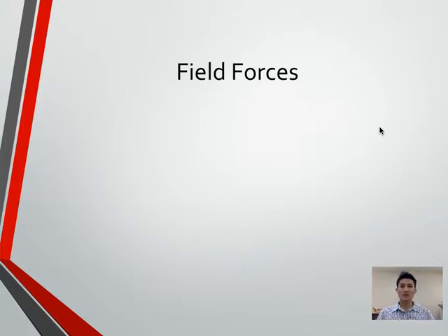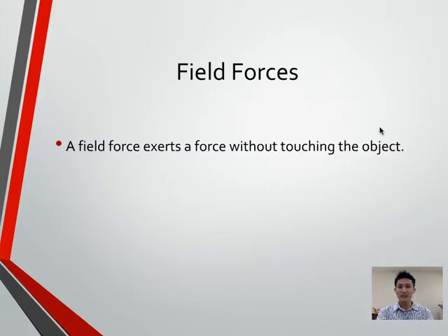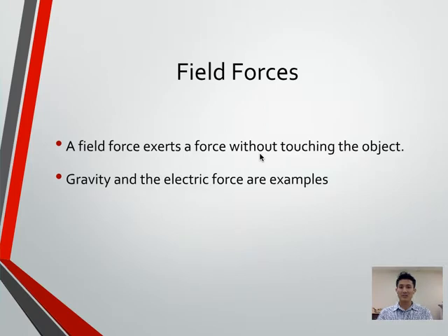So gravity is a field force, exerting its force on this area. A field force pushes or pulls you without actually touching you. Gravity is a good example of that, and electric force is too.